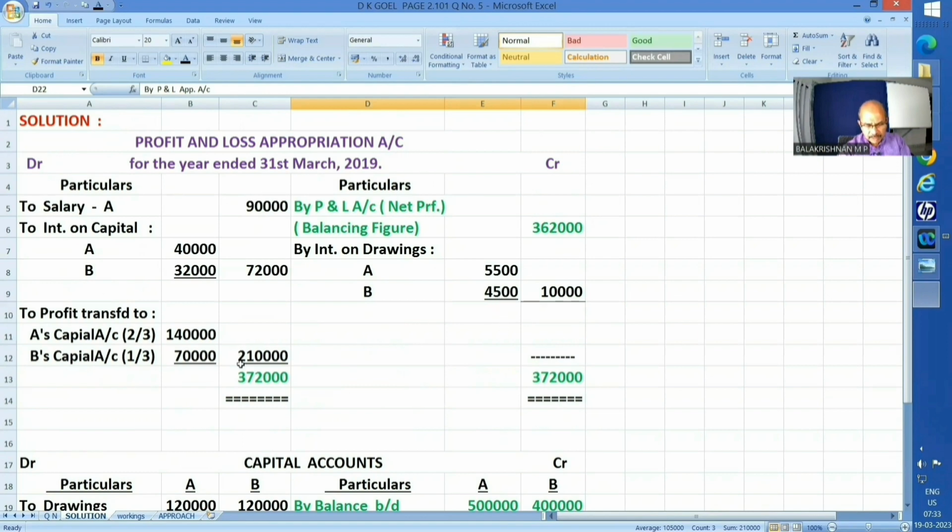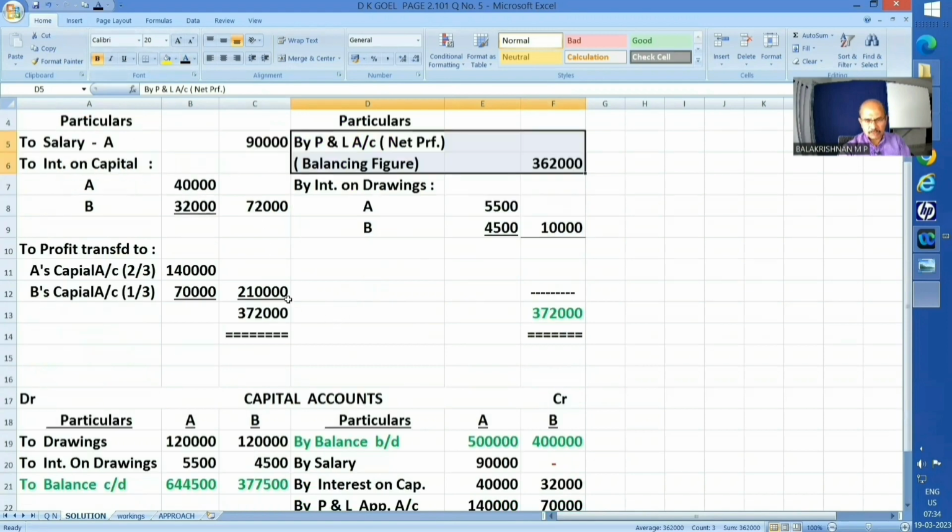Okay. Total the heavier side. This is the heavier side. 3,72,000 total. Put the same total across. Okay. And I find there's a balance of 3,62,000. You are well versed by this time. Nothing but net profit brought down, or the net profit of the year, 3,62,000. So we have satisfactorily prepared the P&L appropriation account.